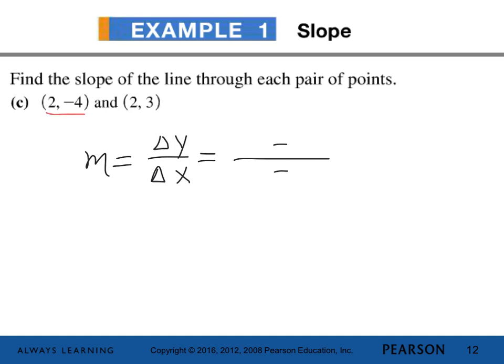Take the coordinates of one of the points, and notice here I deliberately switched the order up, but that's not going to matter because the coordinates of my points are together.